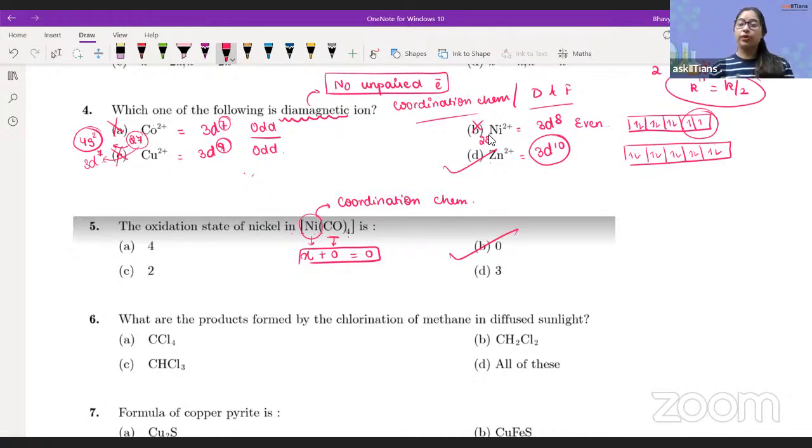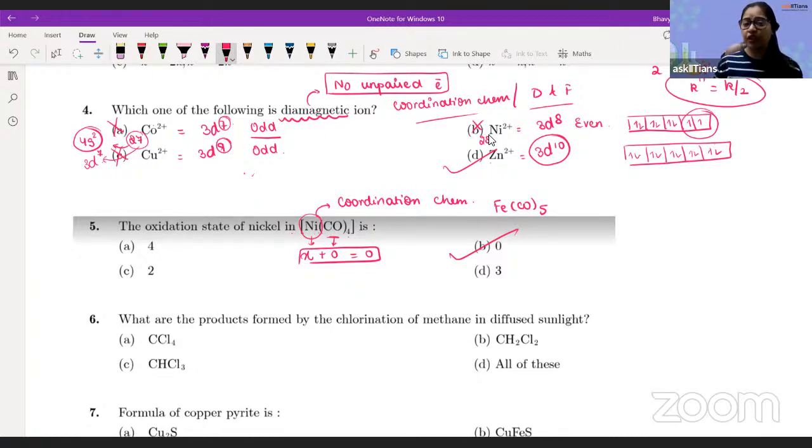I guess you are aware of the fact that all carbonyl compounds have the central metal in their 0 oxidation state, be it Fe(CO)5, Co2(CO)8. Whenever it's just carbonyl, okay? If there is any other ligand involved, then the answer may vary.